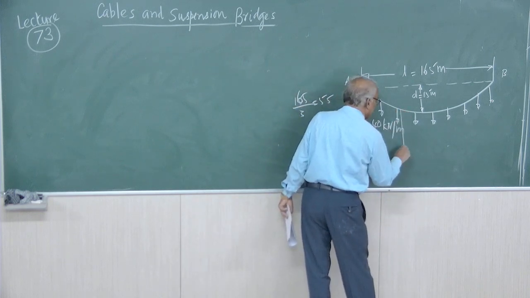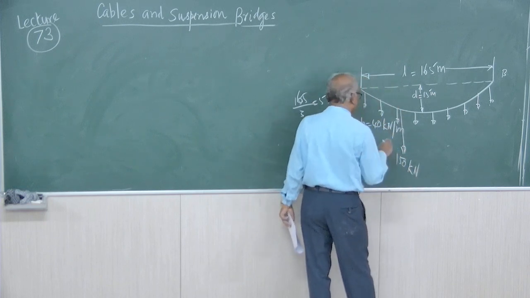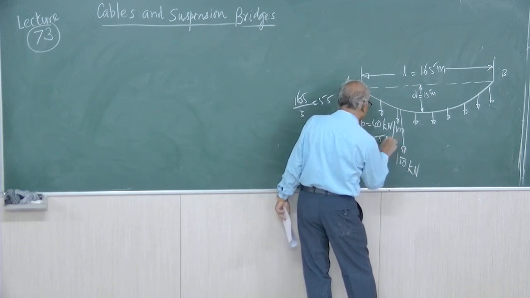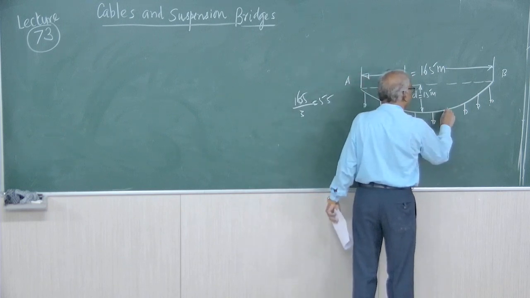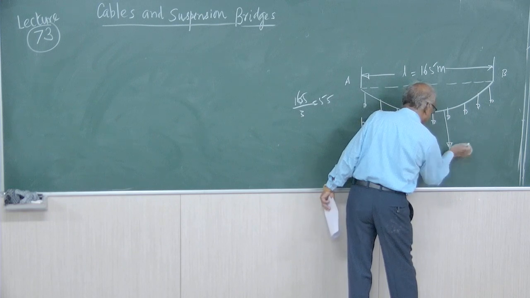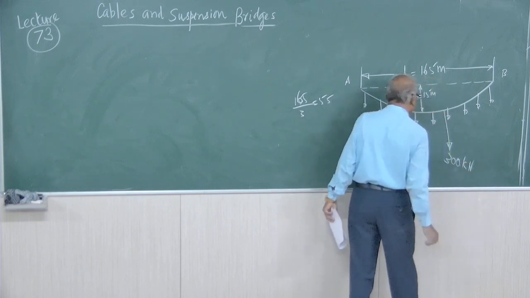There is a concentrated load of 150 kilonewton at the 1/3 point. 1/3 point means this value equals 55 meters. There is another concentrated load of 300 kilonewton. That is the 2/3 point.